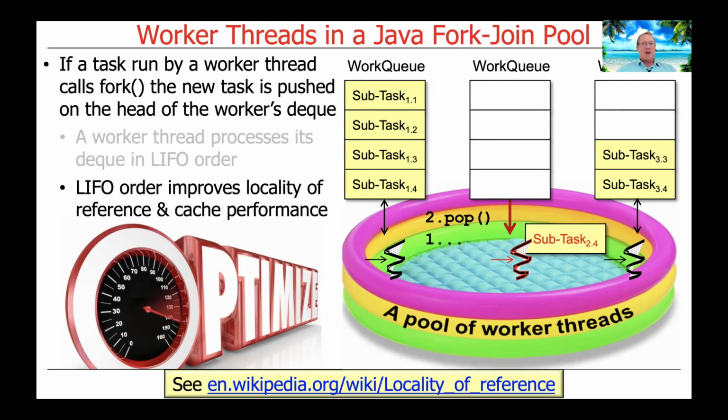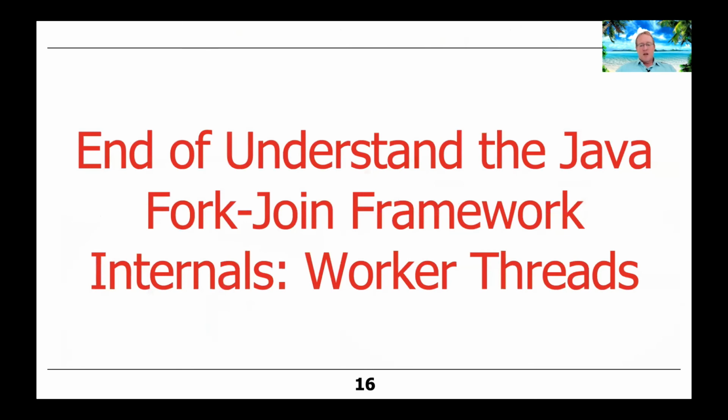And this is very common in all kinds of computing environments where you want to leverage locality of reference. The reason you want to leverage locality of reference is because most likely those elements are still in the instruction and or data cache. And therefore, it'll take less time to process them because you don't have to go out and retrieve them from some kind of storage like a swap storage or something like that.